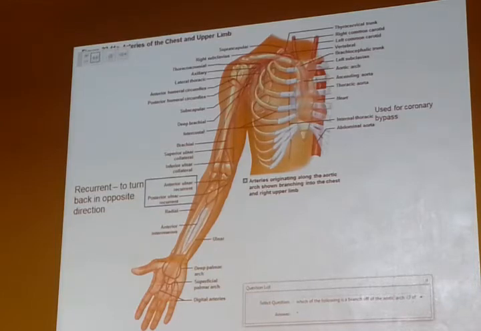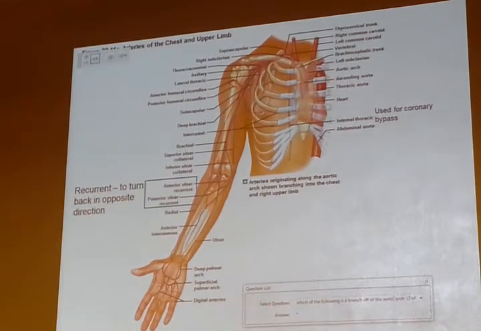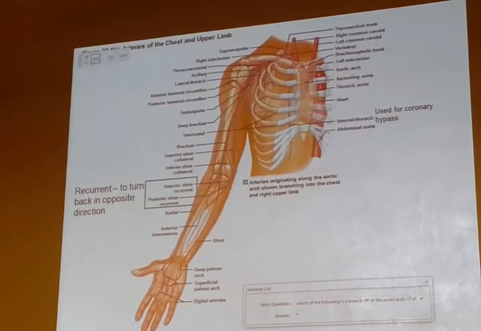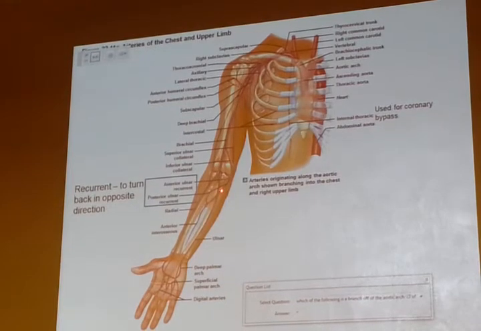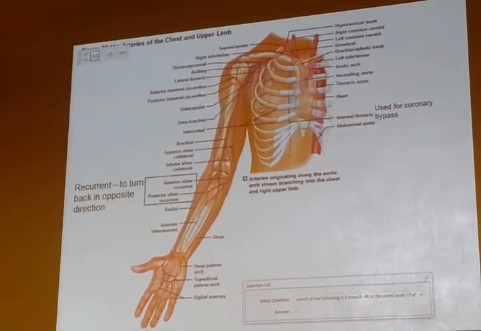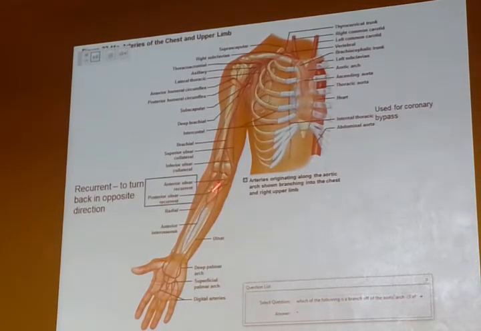And when things do that, they're referred to as recurrent. So if they're going in one direction and they turn and go back in the opposite direction, we call it a recurrent artery. So you have an anterior ulnar recurrent and a posterior ulnar recurrent, and that's what that label is all about. Here you've got the radial artery.